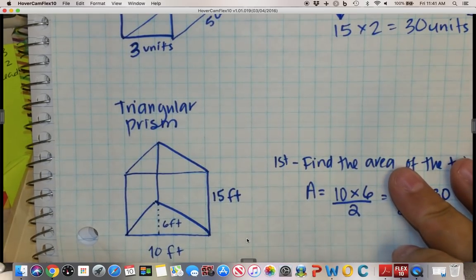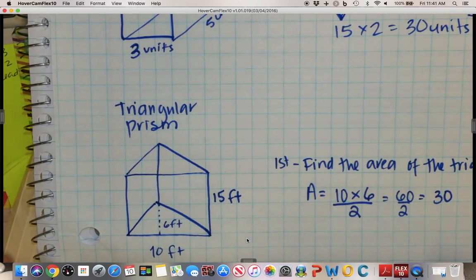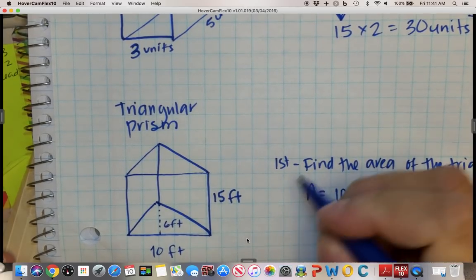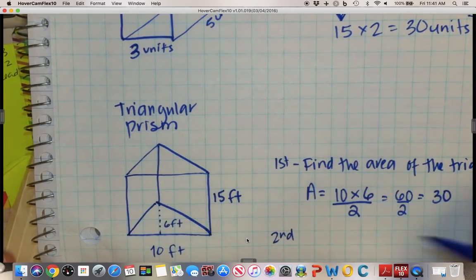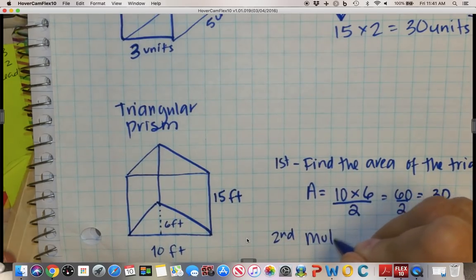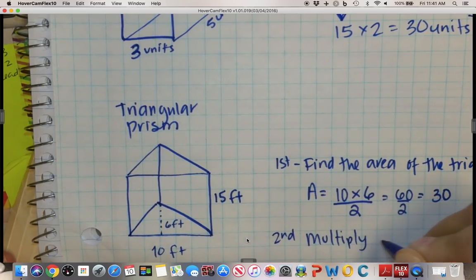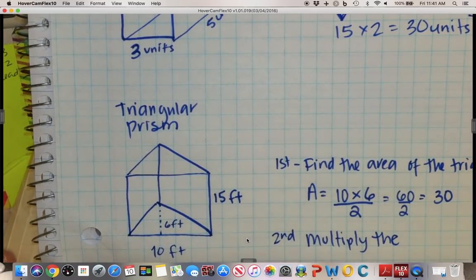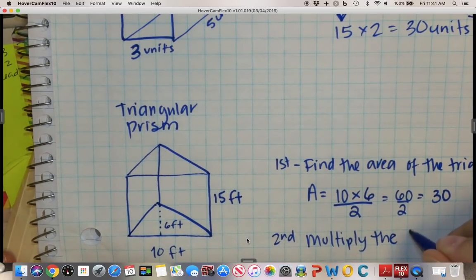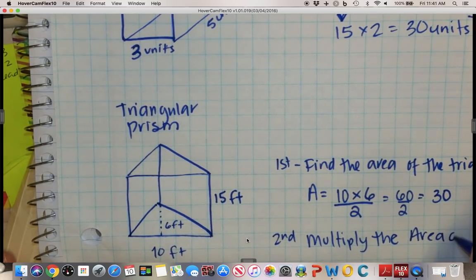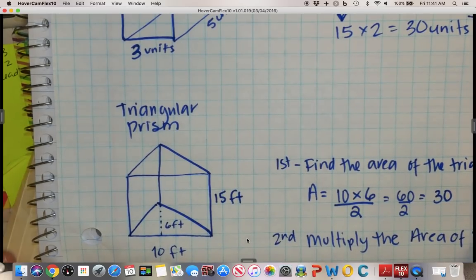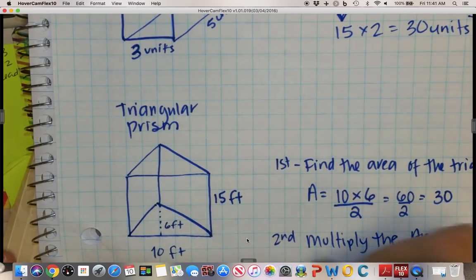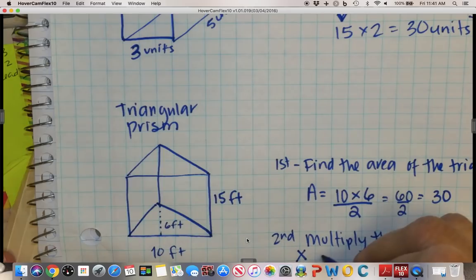And I'm going to take that, and in order to find the volume, I multiply the area of one triangle by the height.